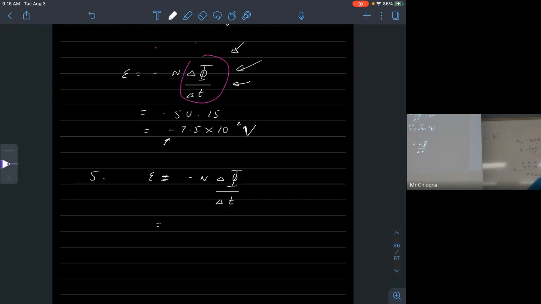Okay, so let's take a look at what we got here. 100 turns times the change in flux. I'll add some more information in a second. 0.12 seconds.